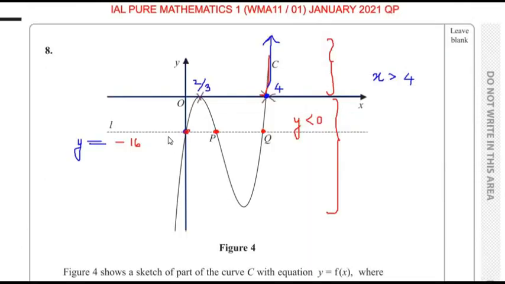Now x equal to 0, which we got, is at the y-intercept, and at P we can write it as 16 minus 4 root 3 over 6, and for Q we can write it as 16 plus 4 root 3 over 6. So these are the 3 coordinates of the given curve.